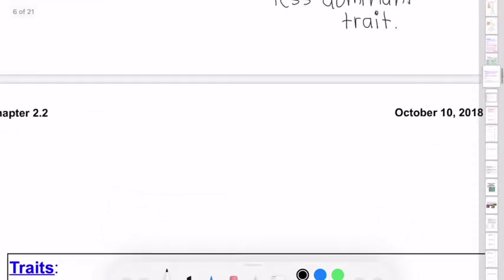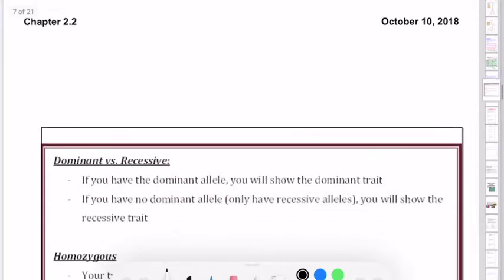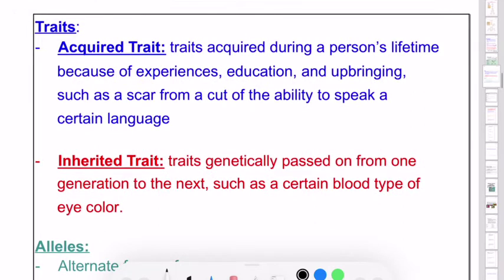And there's a word for that, and I don't know if it's going to be on the next slide. Okay, it's two slides from now. We'll get there. So our traits: acquired traits are acquired during a person's lifetime because of experiences, education, and upbringing, such as a scar from a cut or the ability to speak a certain language.